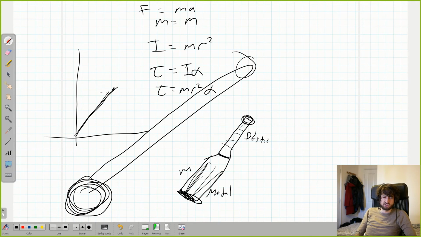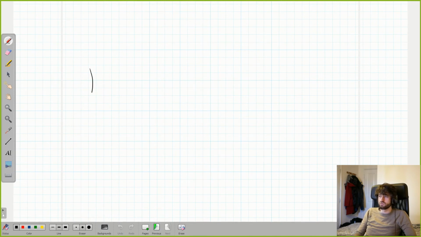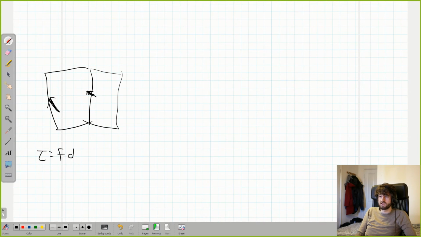Now, this may actually seem counterintuitive, because if you know that if you press a door, it's harder to open it. If the door hinges here, it's harder to push the door open from this point than it is from this point. But that's because here you get higher torque. Your torque is F times your distance. So the further you are away from the door, the easier it is to push it.